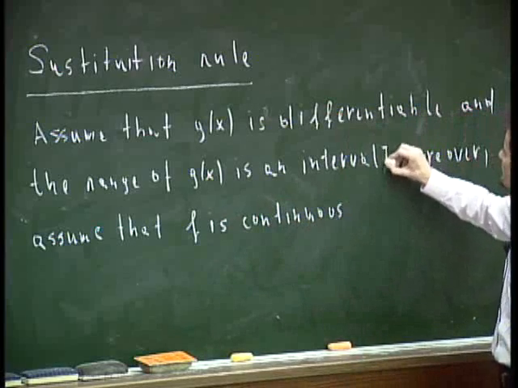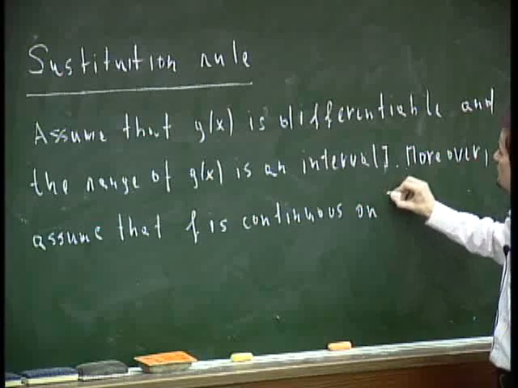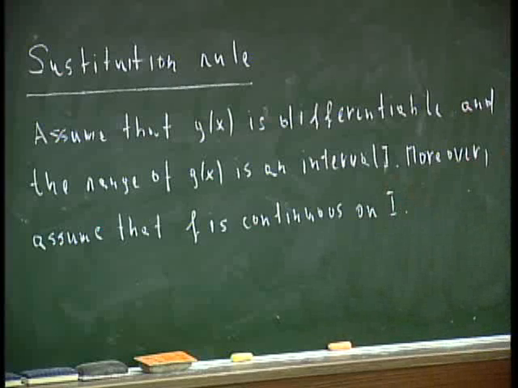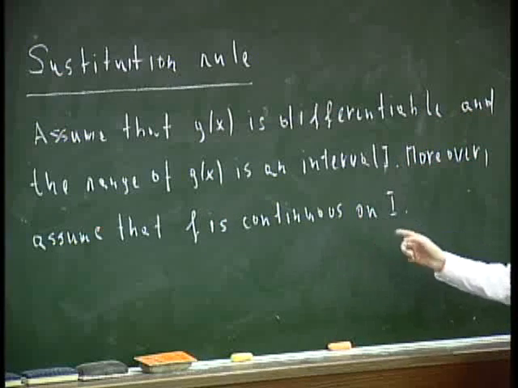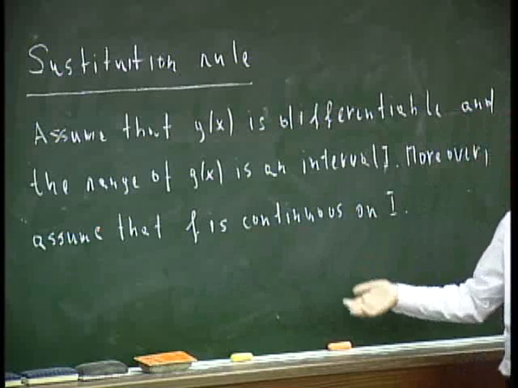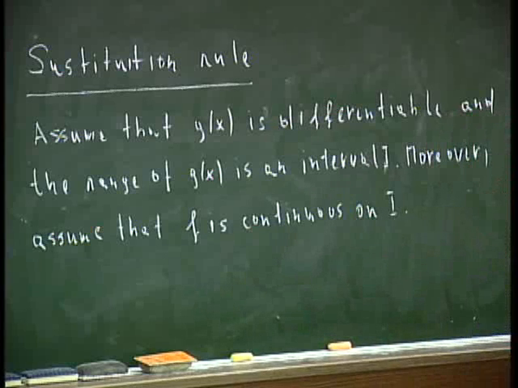So let's say this is I here, some interval I. Why do I need that? If I assume that the range of g of x is an interval and f is continuous on I, then because f is continuous on I, f will have an antiderivative, and everything matches.